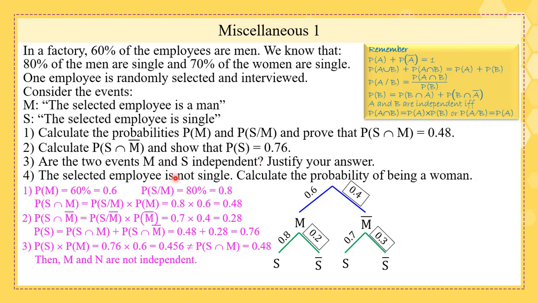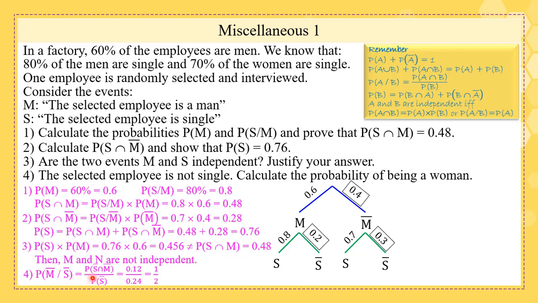Now the selected employee is not single. Calculate the probability of being a woman. Let's translate this verbal statement into probability. This is the probability of M bar given S bar, because we need the probability of being a woman. So this is M bar and it's not single, this is S bar.